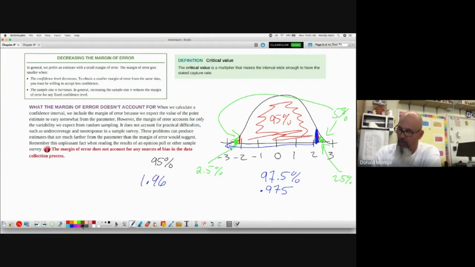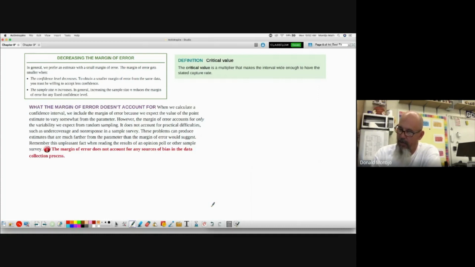So I know now that this critical value for 95% is 1.96. Well, do you think that's the same critical value for 90%? You think it's the same critical value for 99%? Let's do another example. We said already that for 95%, the critical value was 1.96. Well, what if I want to do 90%?